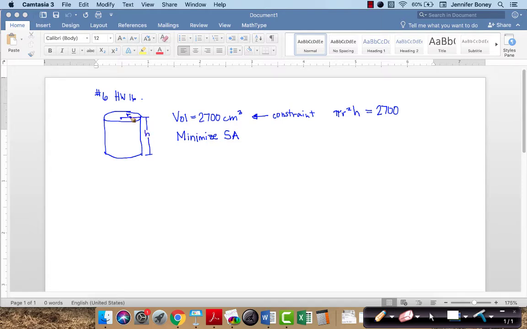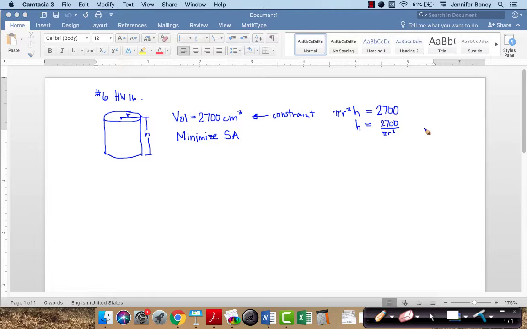If I choose a large R, I can choose a smaller H. If I choose a small r, I'll have to choose a larger H in order to make this true. They're related by specifically this equation. Or how this is maybe easiest to solve, if I give you a value of R, do 2,700 divided by pi r squared, and you'll know the value of H that you need in order to make the volume come out right. So this is true for any value of R. I can get H by doing this.